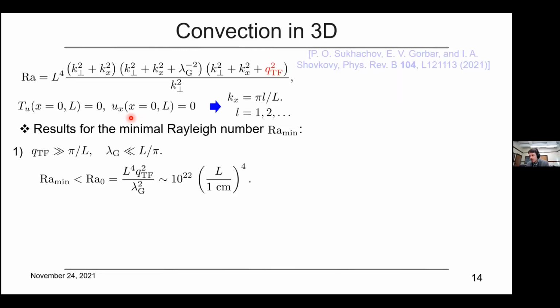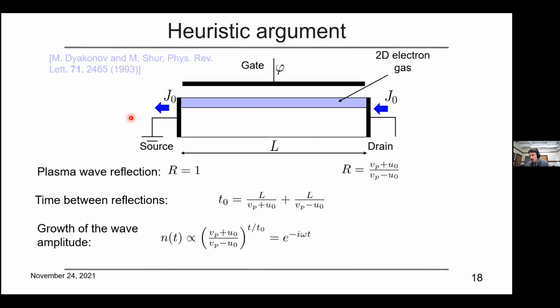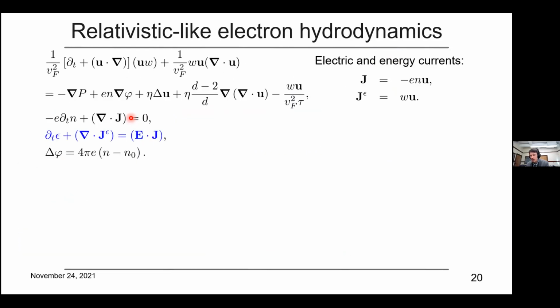But in the case of this instability, here it was actually quite important to consider a relativistic equation. And actually, we have quite lengthy calculations where we deal with the dependence on the fluid velocity of energy density, chemical potential, temperature. So it's not that straightforward.